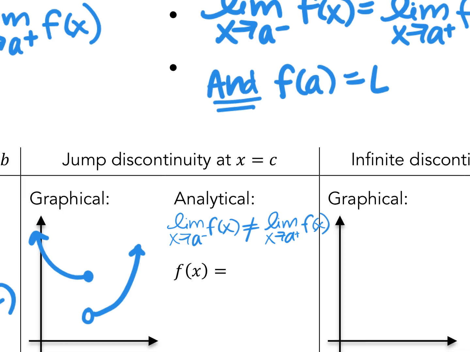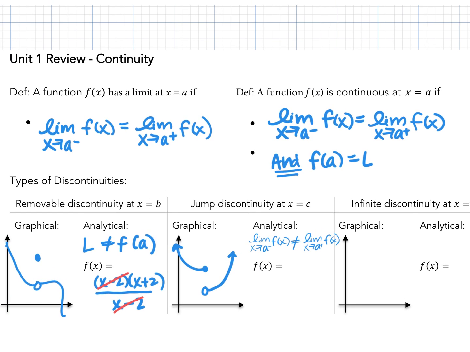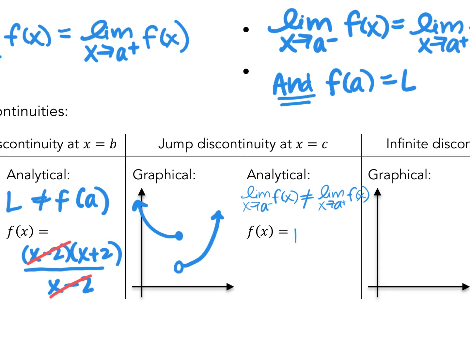You can't even get the limits to agree. If you can't get limits to agree, then you for sure don't have continuity. If you can get limits to agree but can't get the function value to agree, you still have a discontinuity. These are most often piecewise functions.